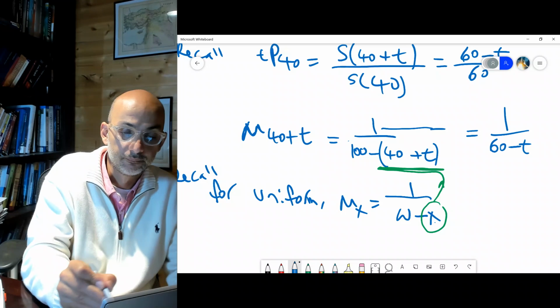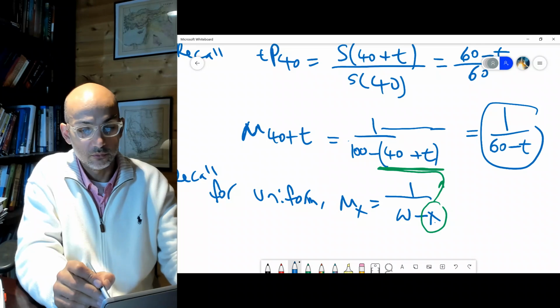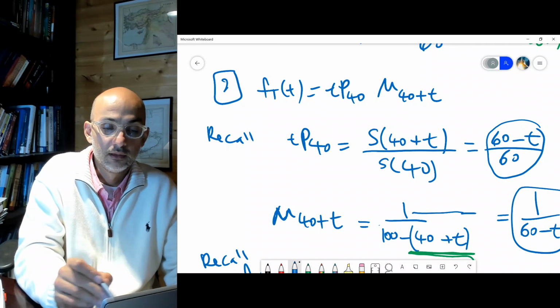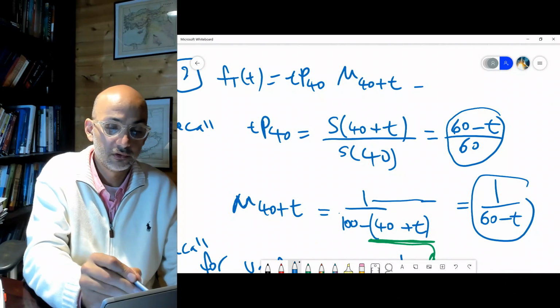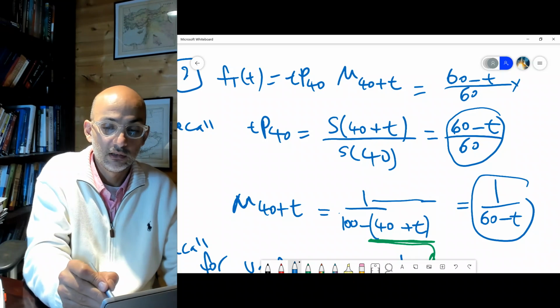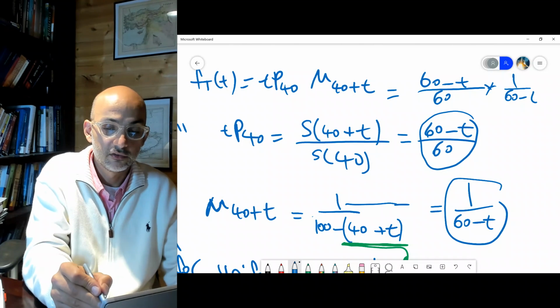minus t, right? So now we go back to our two terms, this one and this one, right? We got them. So we go back to this term, which is now tp40, 60 minus t divided by 60. Now we multiply it again by 1 over 60 minus t.